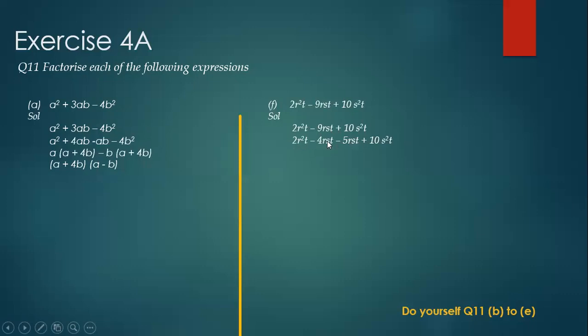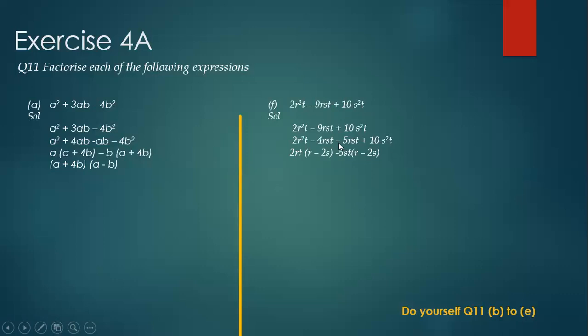The first group will have 2, r and t as common, because 2 can be taken as common and both of them have r. So you choose the lowest power and then t also as common. In this one, you can only take minus 5st as common. So once you take common 2rt, you'll be left with r minus 2s inside.